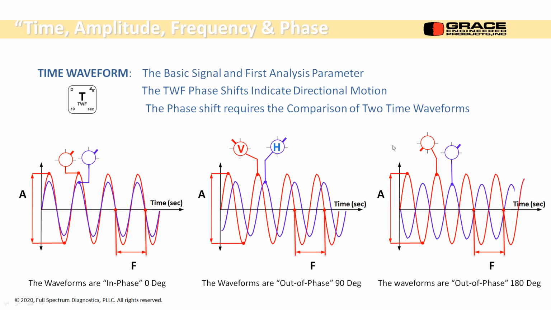If we see something like this, we see a 180-degree phase shift. The signals are completely out of phase with each other, and if we look at the time waveform, the waveforms are 180 degrees out of phase, right? So that's saying, yes, we might have a coupling misalignment. The third one is what we'd see in an unbalanced condition, whether it's residual unbalance or a faulty unbalance. We're going to see a 90-degree phase shift between vertical and horizontal.